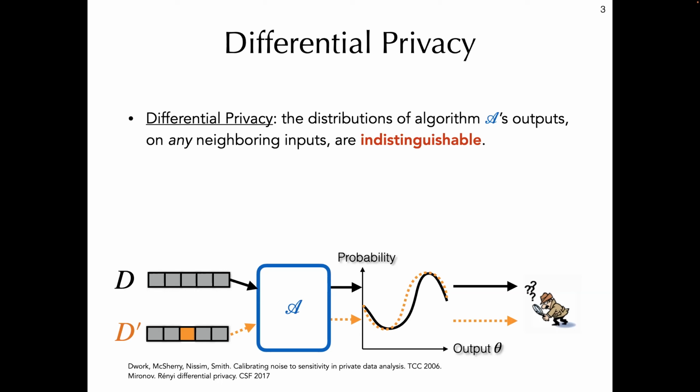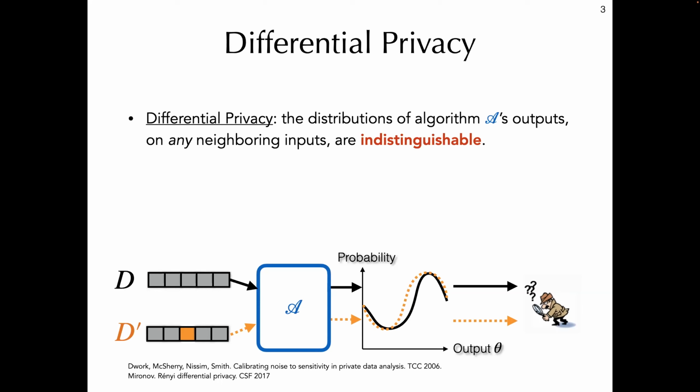This means that given an observed model, which is a sample from the distribution of output, the adversary cannot infer whether the model is trained on dataset D or any of its neighboring dataset D prime. There are multiple ways to quantify this indistinguishability, which gives many variants of the differential privacy definition.